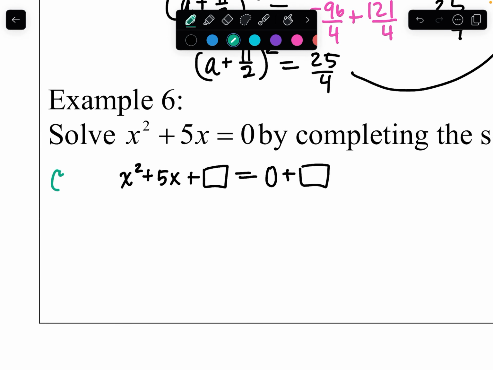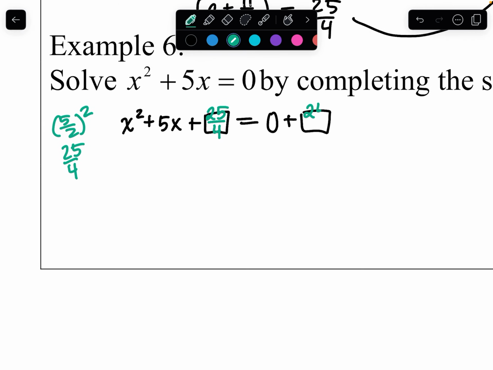And so half of b squared would be 25 over 4. And so the left side factors to x plus 5 over 2 squared. And the right side is just 25 over 4.